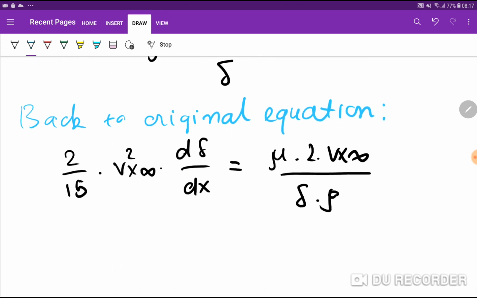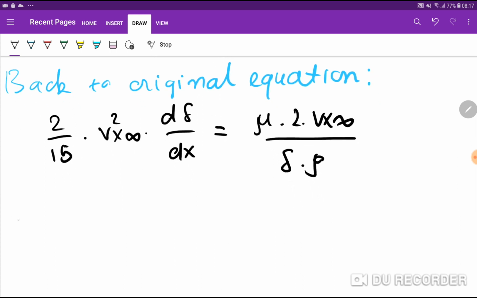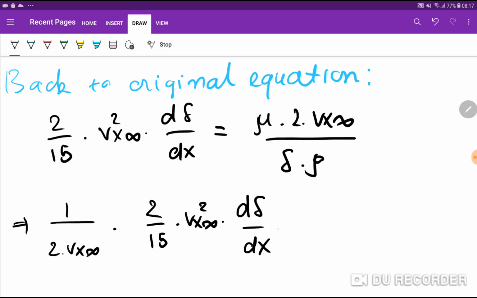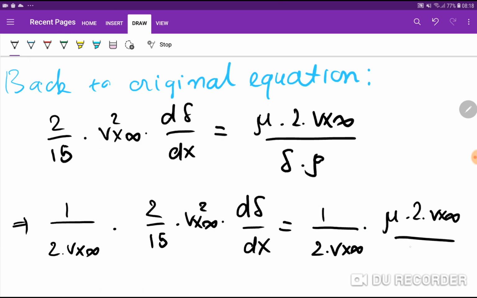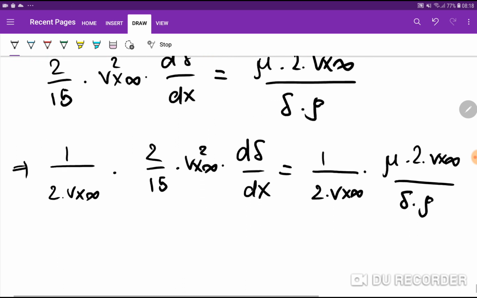So let's clean it up and make it look nice so we can proceed to the next step. What I'm gonna do is multiply by 1 over 2 times Vx infinity on both sides. Or you can say cancellation, both work, okay?